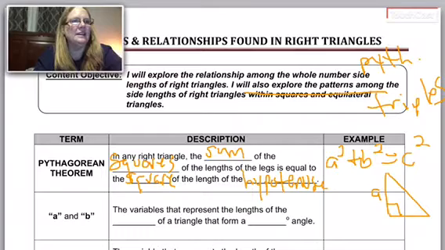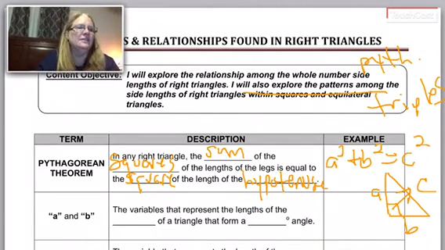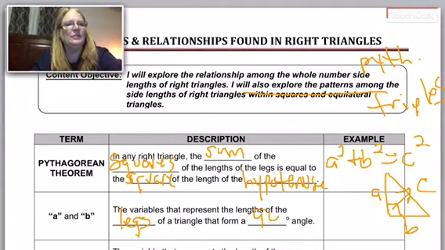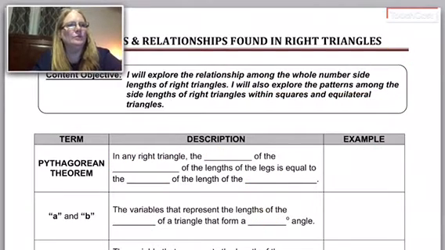So this could be a and this could be b, but c has to be the side across from the 90-degree angle. So a and b are the variables that represent the lengths of the legs of the triangle that form the 90-degree angle. And let's scroll down.